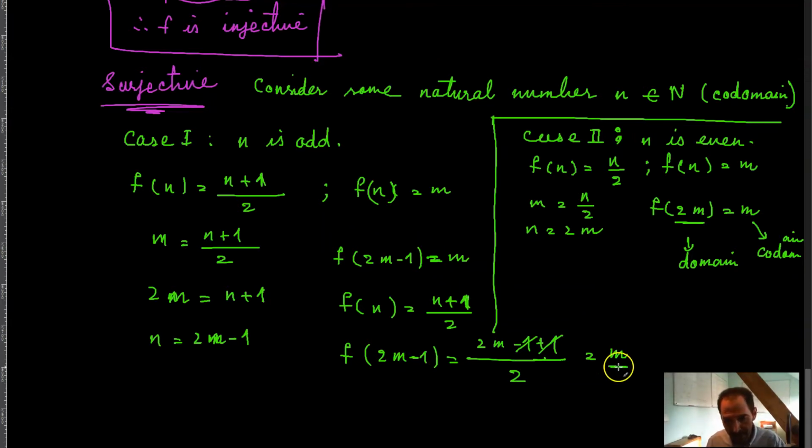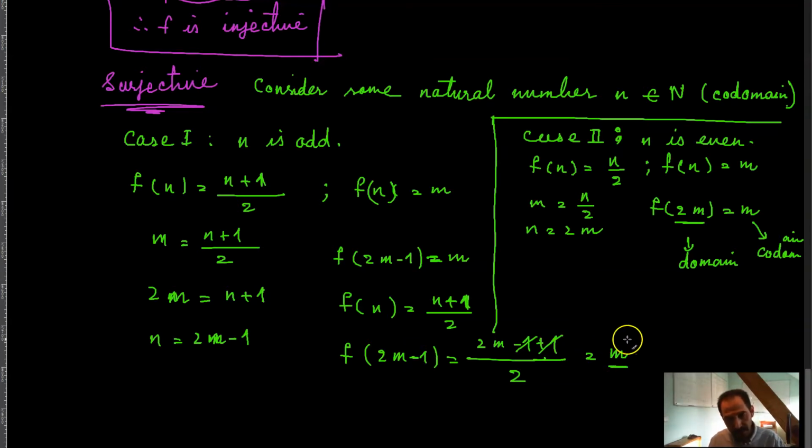Now, in this case, we argued let's take m as some natural number. If m is the output of the function, some natural number, then any natural number that you multiply by 2, you'll get another natural number. Whatever that might be, subtracting 1 from it, again you will get a natural number.